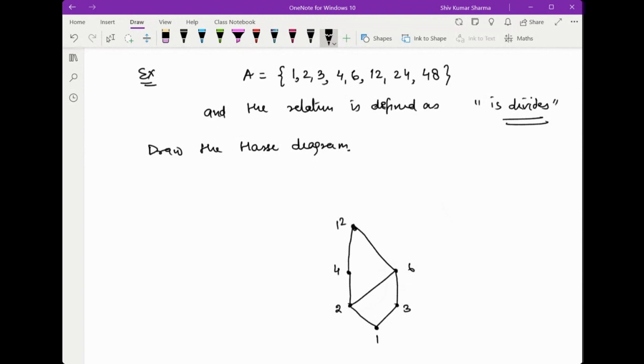Now the next element is 24. 12 divides 24, so we write it directly above. So 12 divides 24 and 24 divides 48. So this is the Hasse diagram for the particular given set.